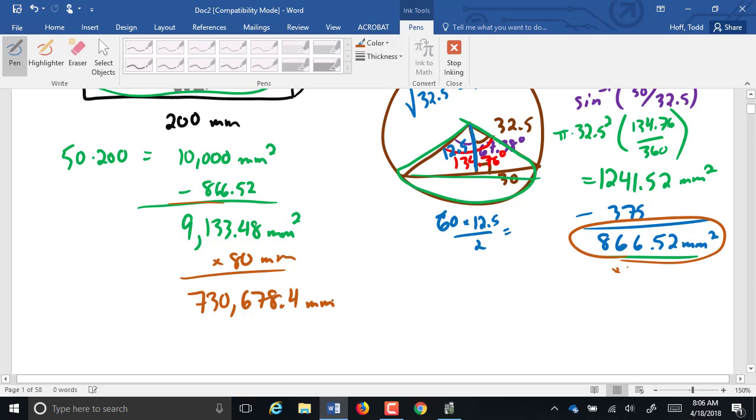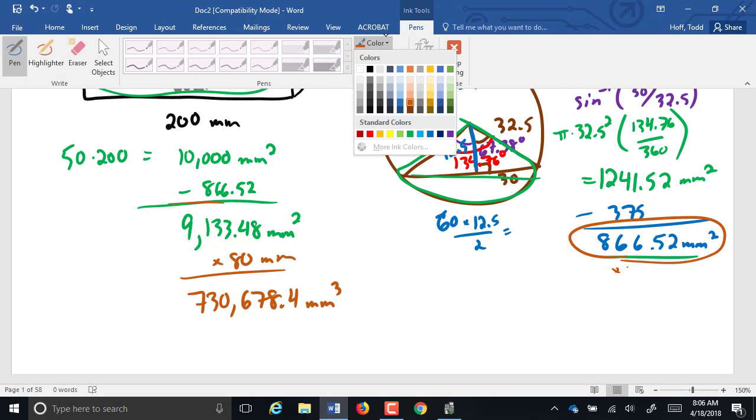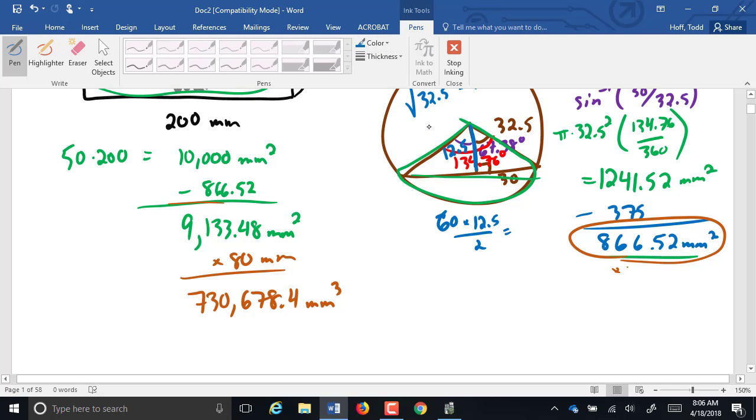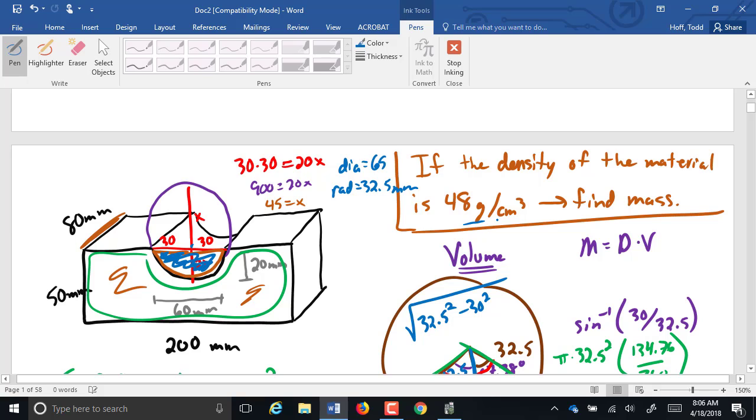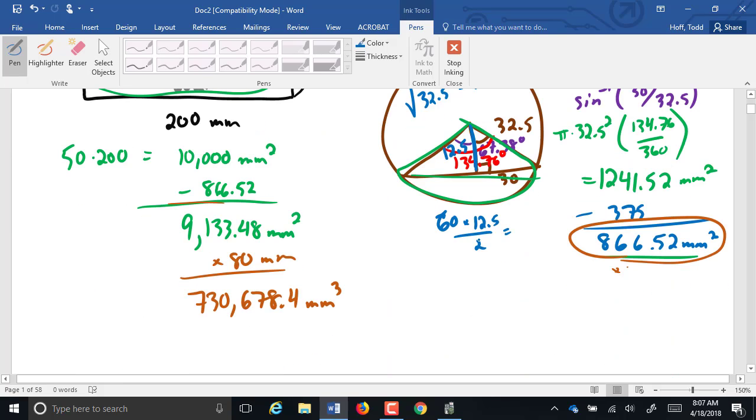That is millimeters cubed. Before I can multiply that by the 48, what do I have to do? Because that's 48 grams per cubic centimeter. 3 spots because it's cubed, right? So it's 730.68 cubic centimeters times 48 grams per cubic centimeter.